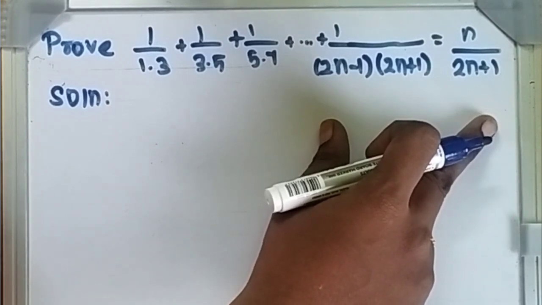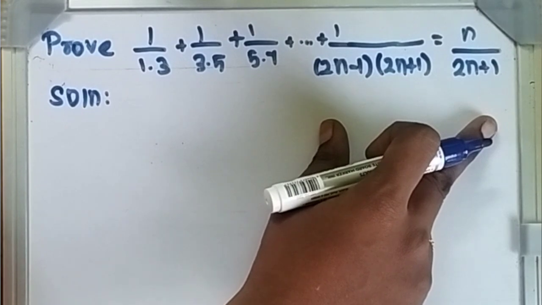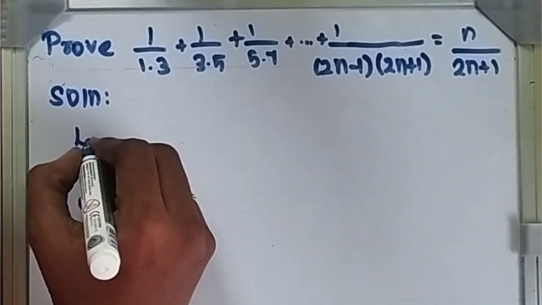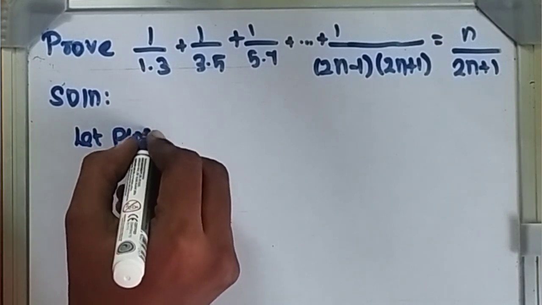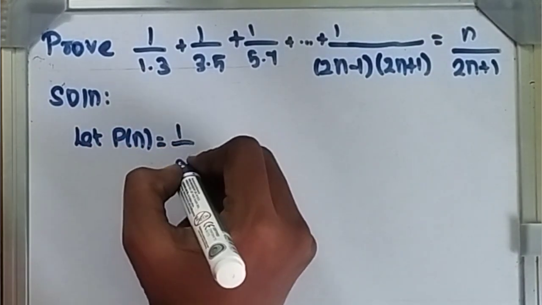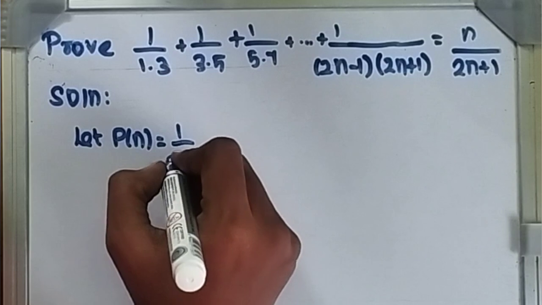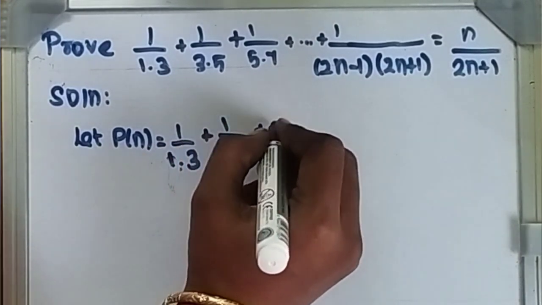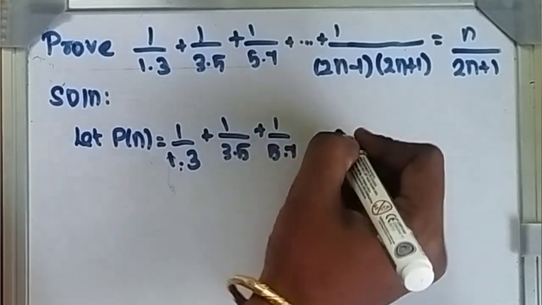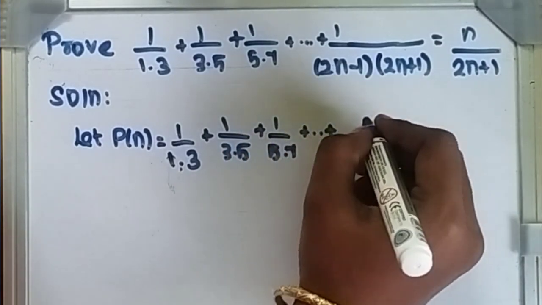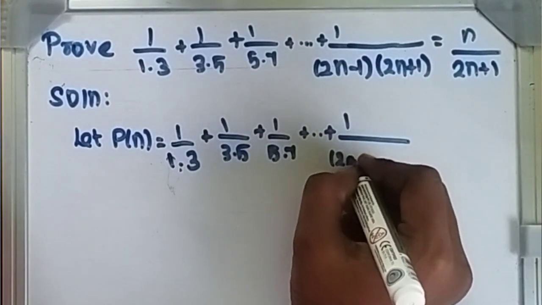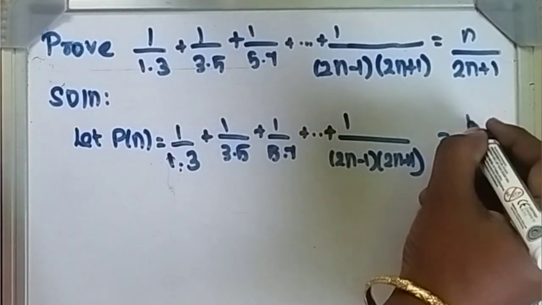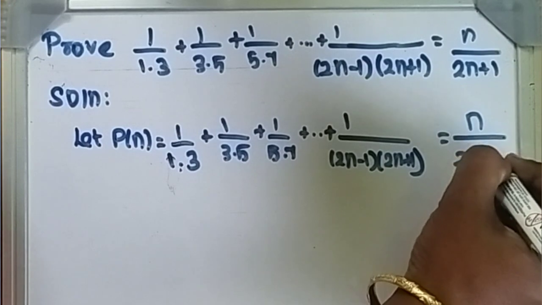Right. So to initiate this, we are going to take the entire equation as P of n. Let P of n equals 1 divided by 1 multiplied by 3 plus 1 divided by 3 multiplied by 5 plus 1 divided by 5 multiplied by 7, and goes on up to 1 divided by 2n minus 1 multiplied by 2n plus 1 equals n divided by 2n plus 1.